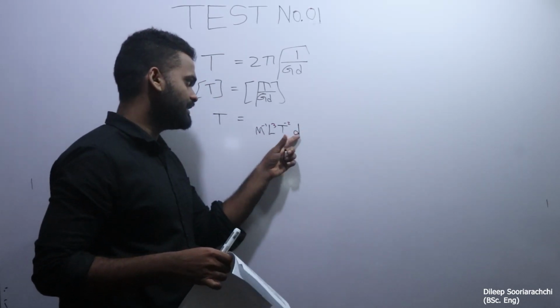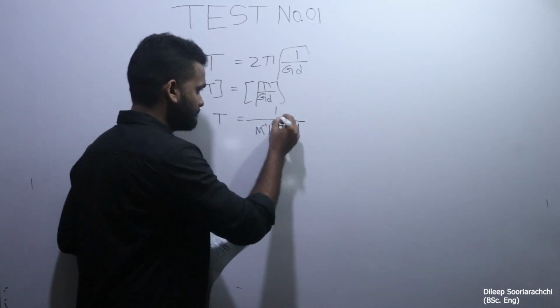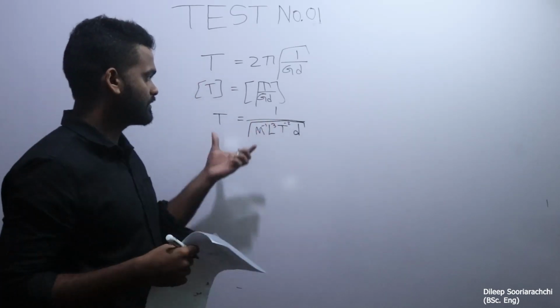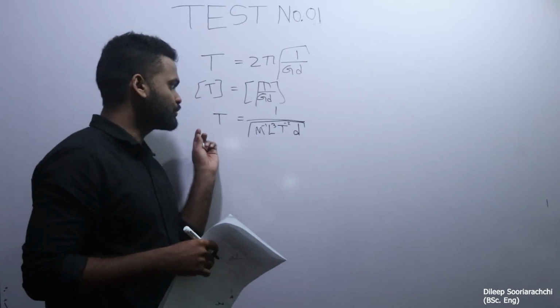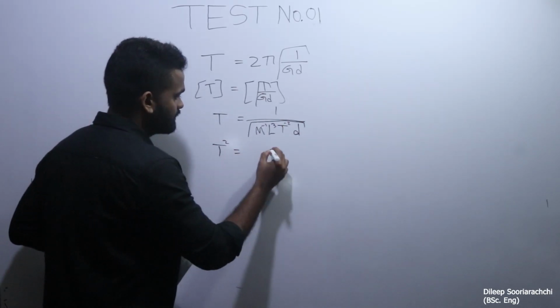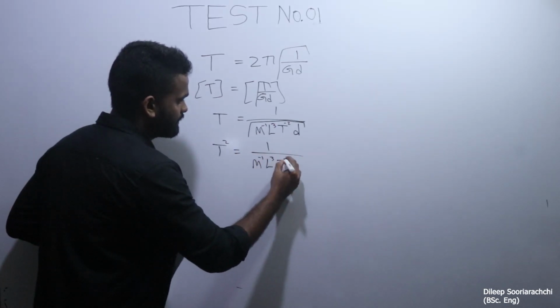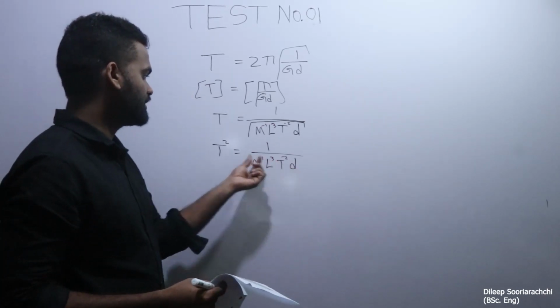We'll find the dimensions of d. And this is the root. In order to simplify this, I'm going to square both sides of the equation. So T squared is equal to 1 over M minus 1 L cubed T minus 2 d. Then I have to make d the subject.